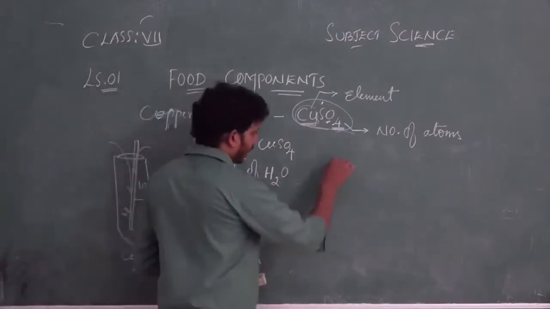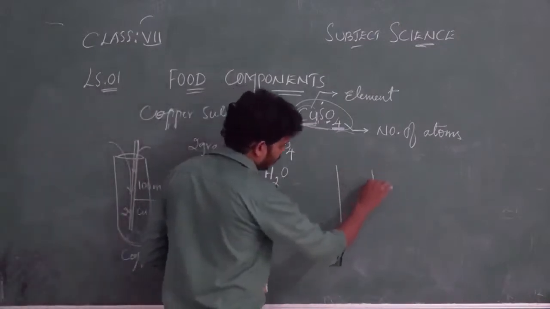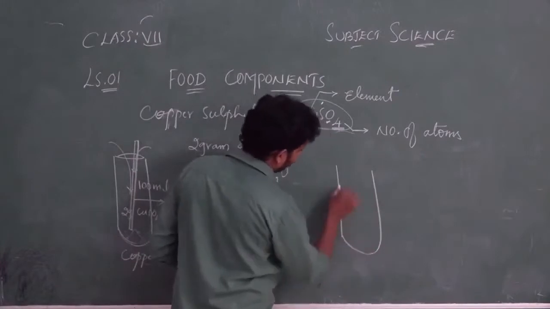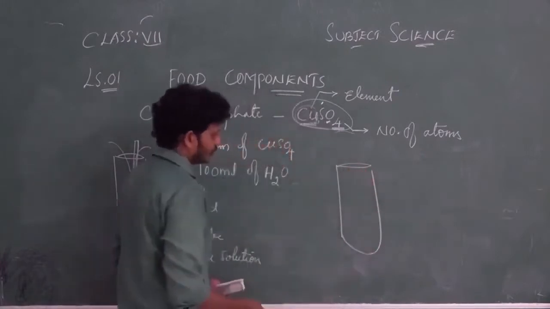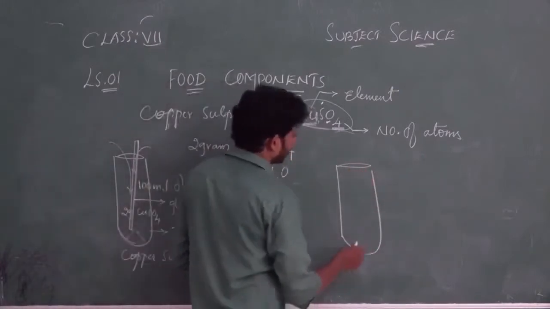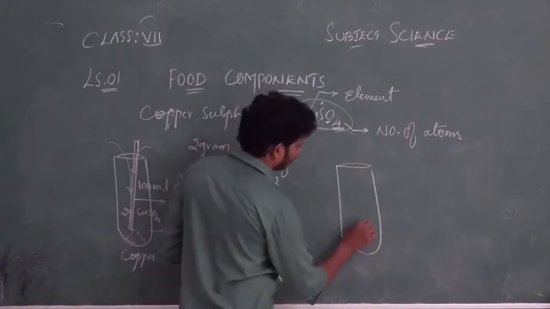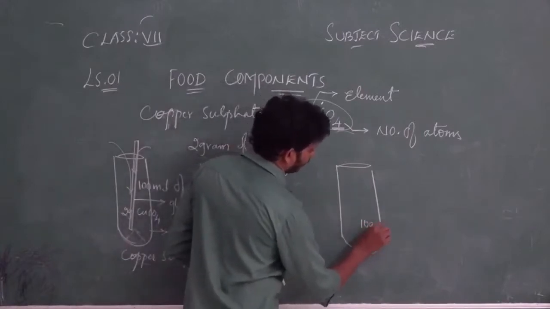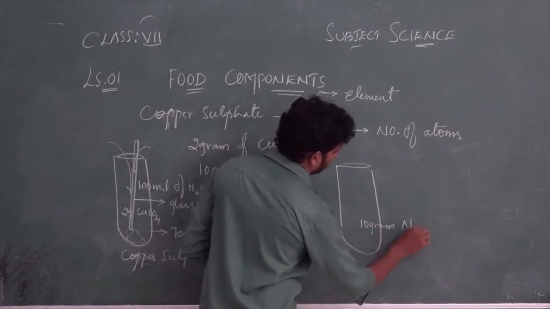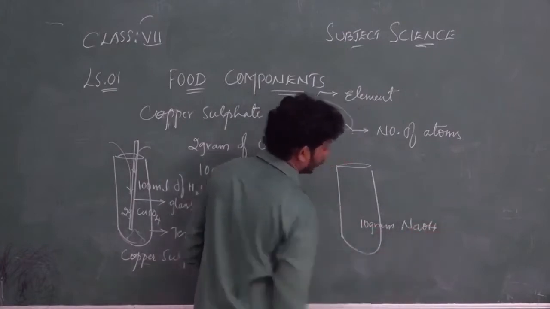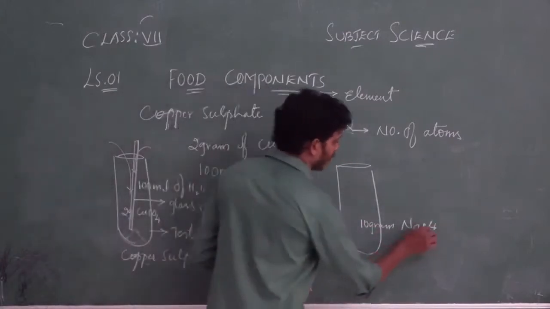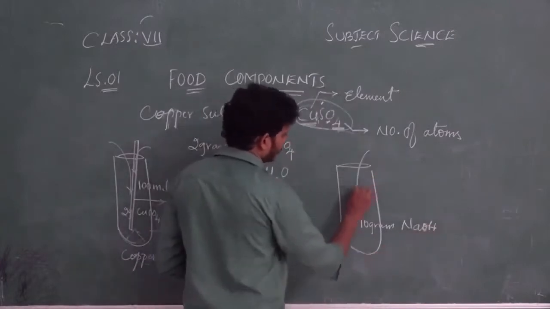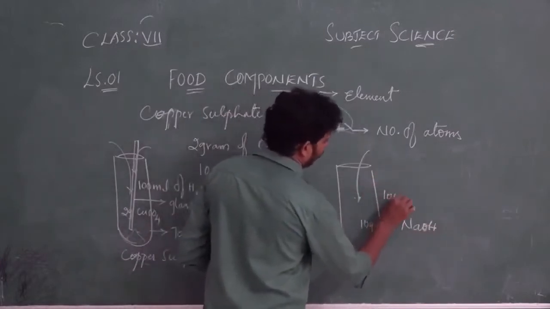Now take the other test tube. This is the other test tube I am taking. In this, take 10 gram of NaOH, sodium hydroxide, and add 100 ml of water.